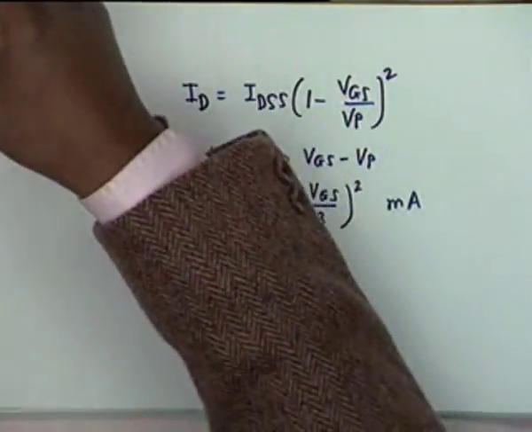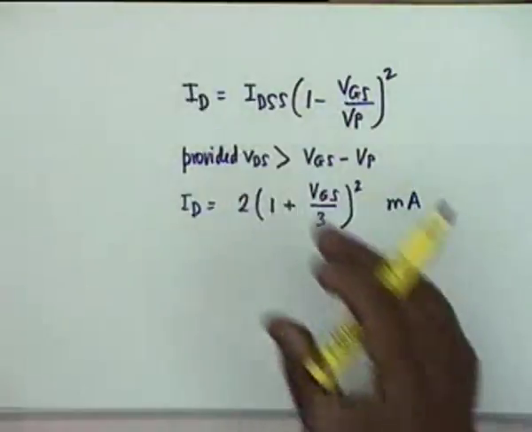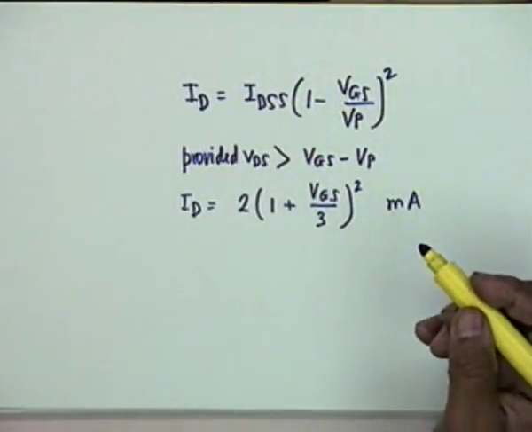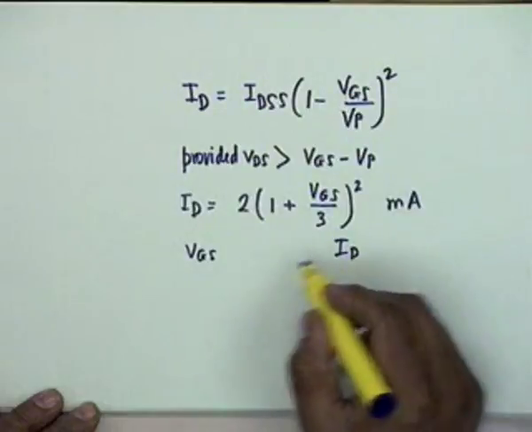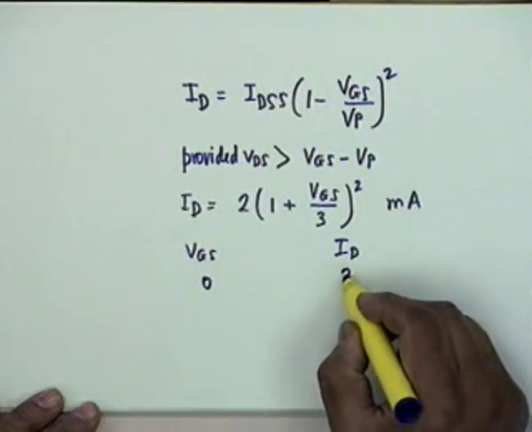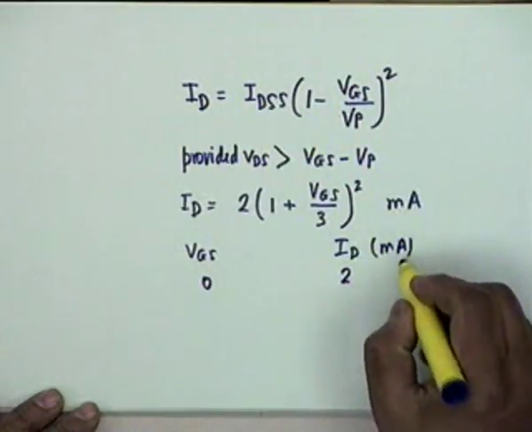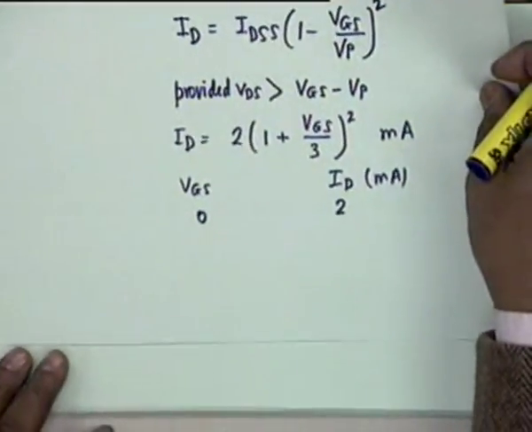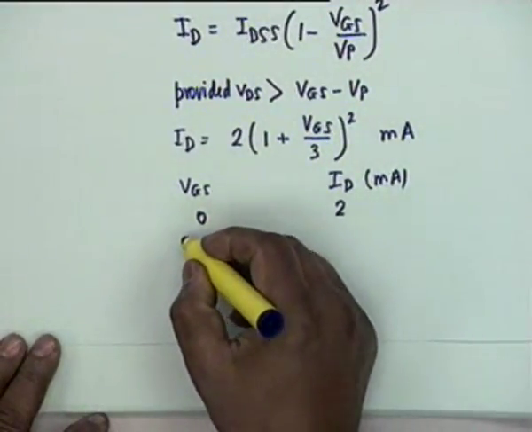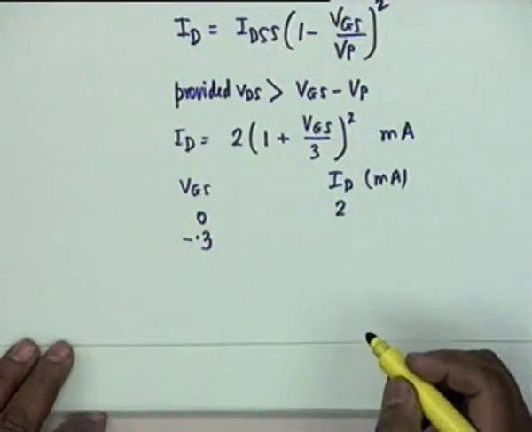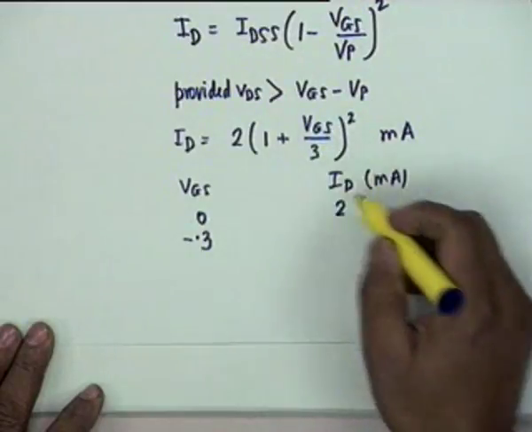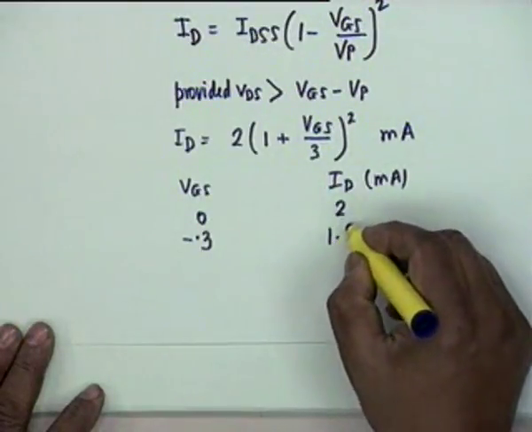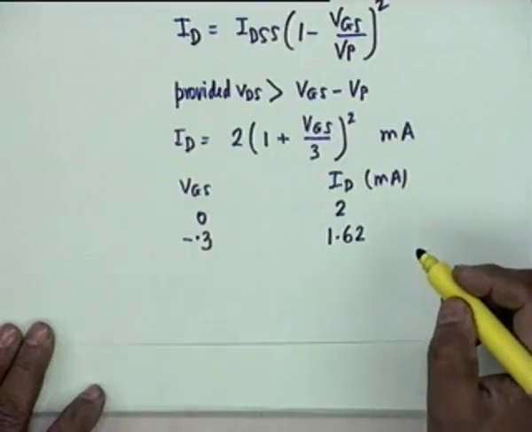To draw a set of characteristics, we take this and find out the values for several values of VGS. For example, VGS equal to 0 will make ID equal to 2 milliamperes. I have calculated for several values. For VGS minus 0.3, it calculates out to approximately 1.62.